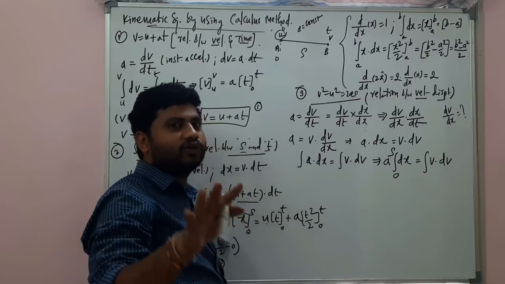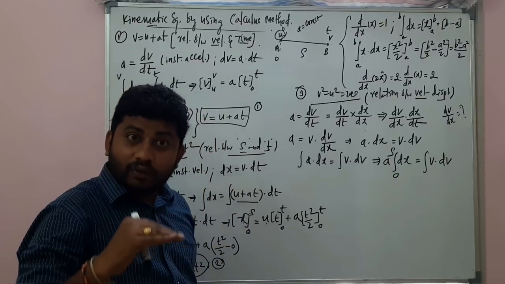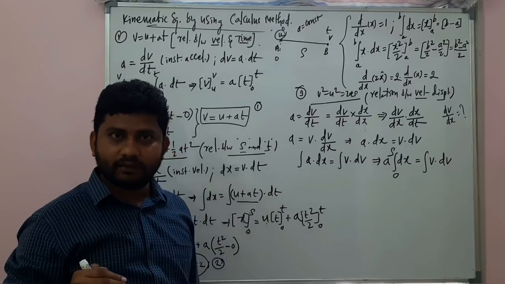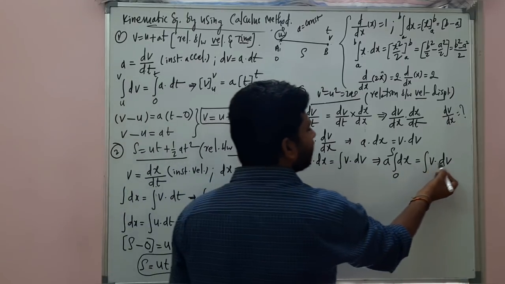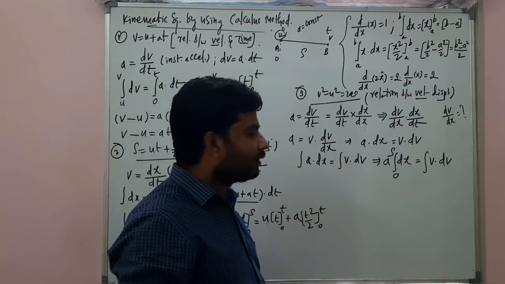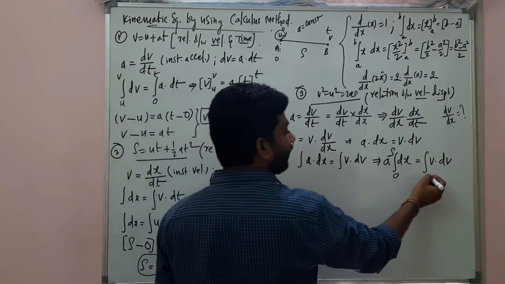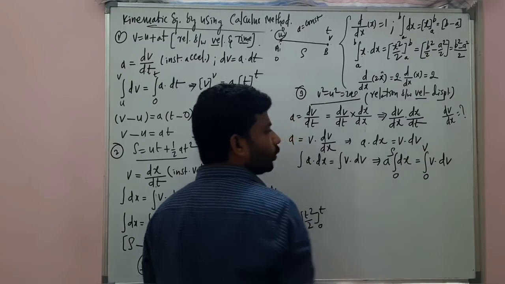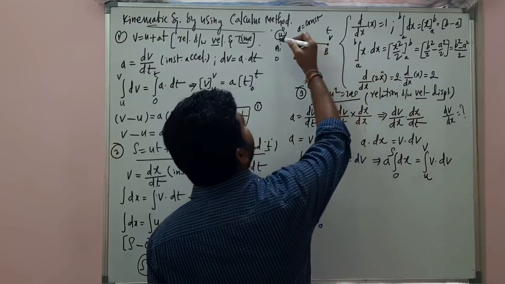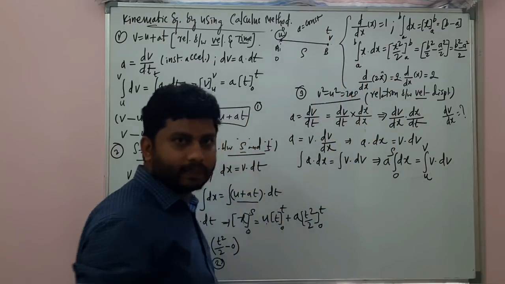The body is starting with 20 meters per second. Depending on the time, the final velocity will vary. That is why it is just v into dv. We should not take v outside. Now velocity also has limits. Just now I said 0 to v, so it is u to v: initial velocity to the final velocity.